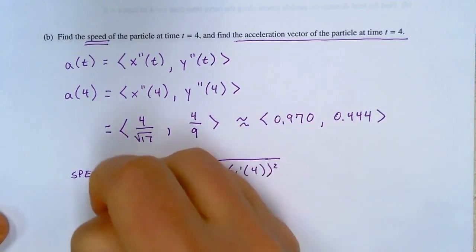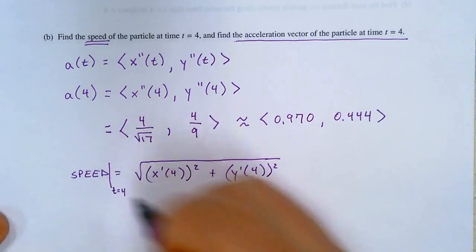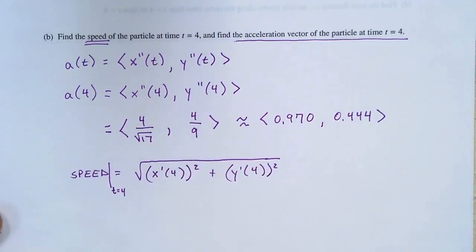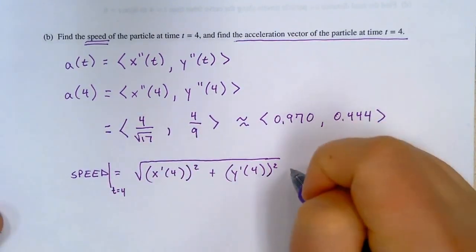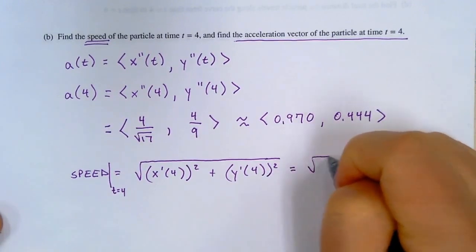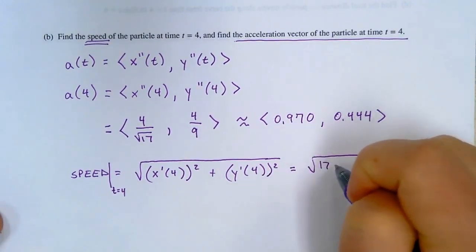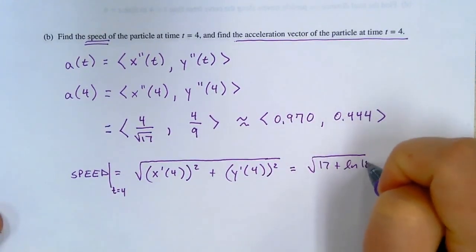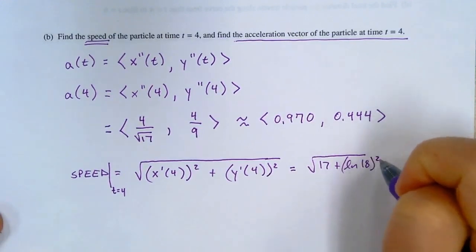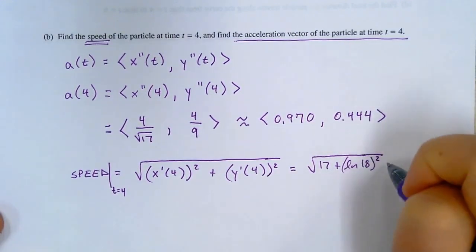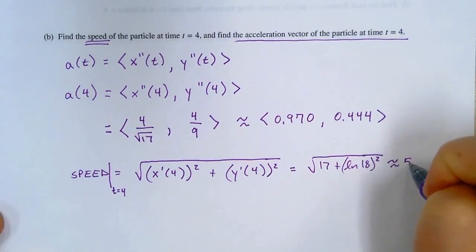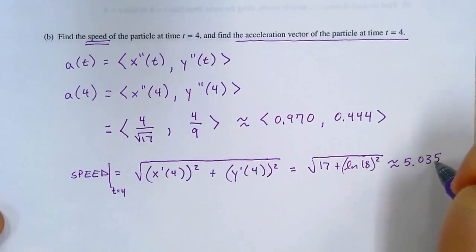So that's our speed at time 4. And if we calculate that using our calculator, we would get the square root of 17 plus ln of 18 squared, or decimal 5.035.